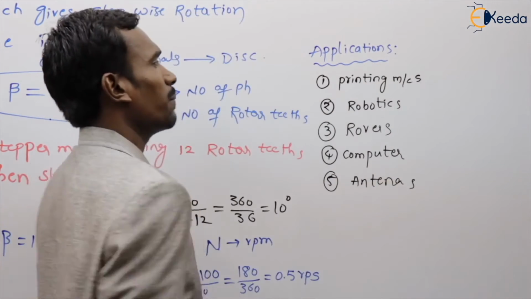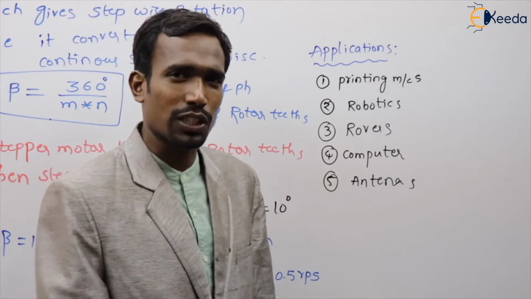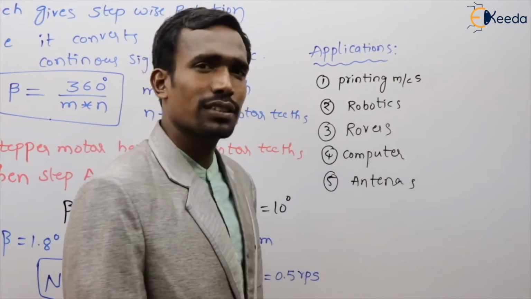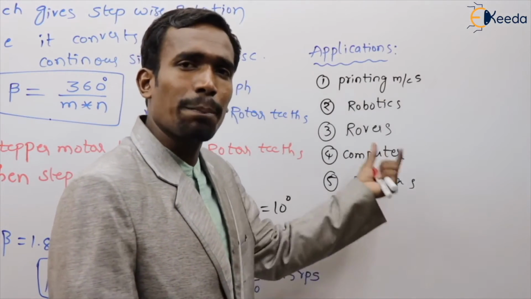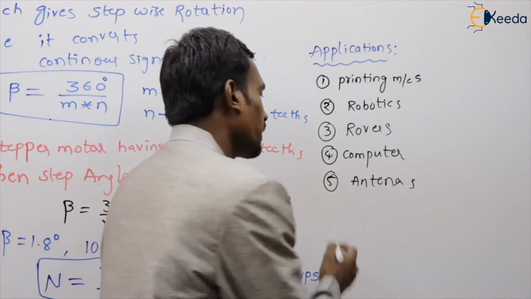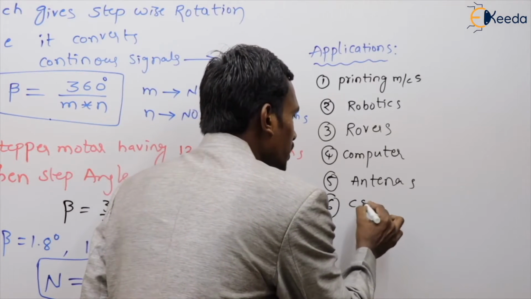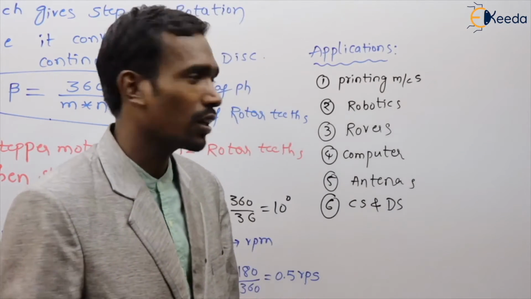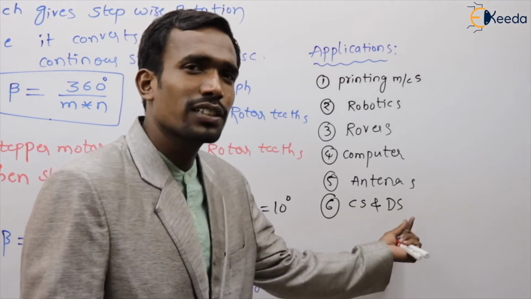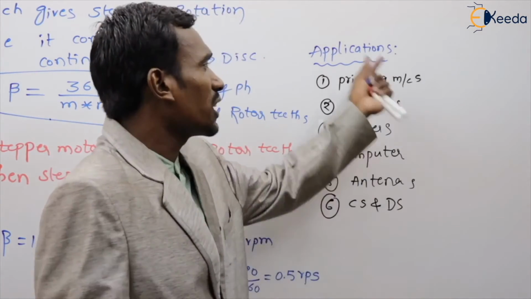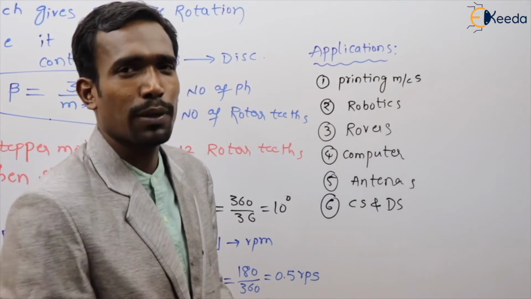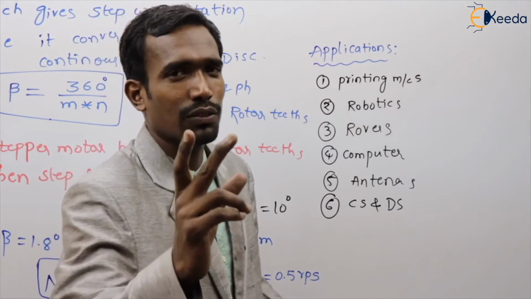These are the best applications of the stepper motor: printing machines, robotics, rovers, computer peripherals, antennas, control system and digital system applications. Generally, we are using the stepper motor here. The two formulas are very important.